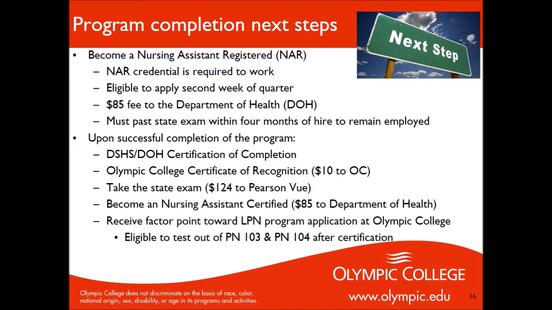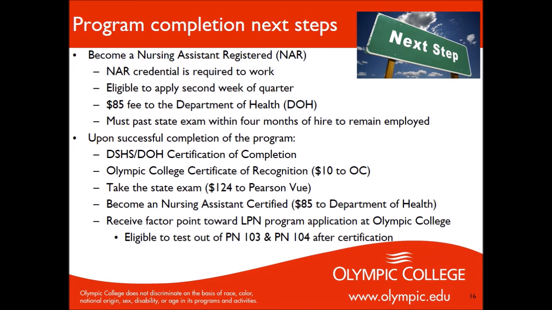After you've completed the program, you're eligible for a few things. You'll be able to get your certificate of completion that says that you have completed the DSHS DOH training program at Olympic College. You'll also receive an Olympic College Certificate of Recognition. That is a $10 fee to apply for that certificate.